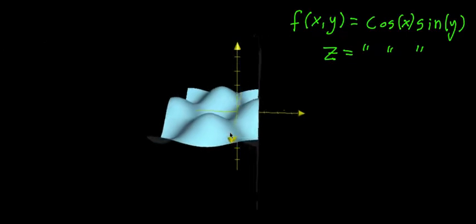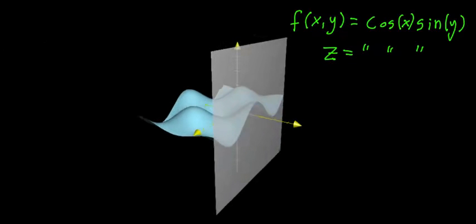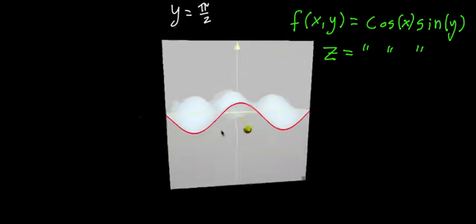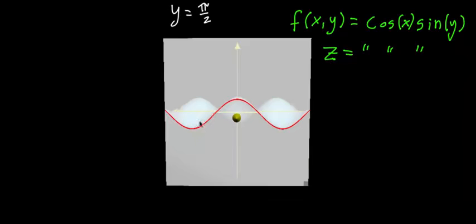at some other value. So in this case, what I've chosen is y is equal to pi halves. And it looks kind of like we've got a wave here. And it looks like a cosine wave. And you can probably see where this is going. This is when x is running freely. And if we start to imagine plugging this in, I'll just actually write it out.